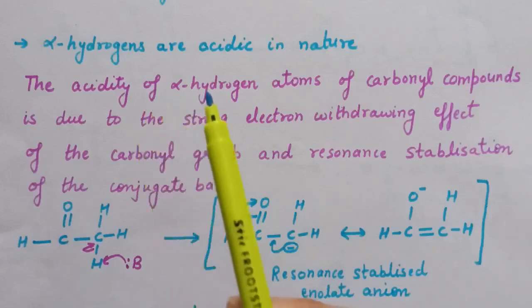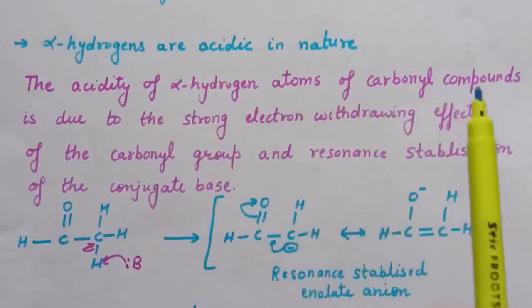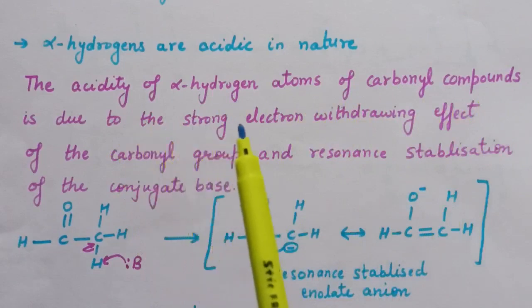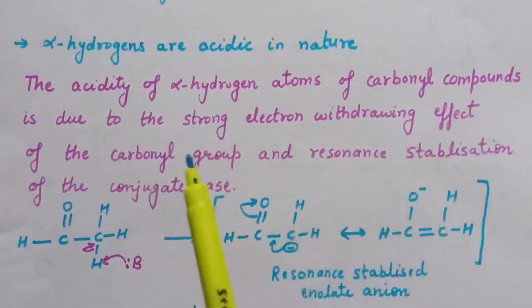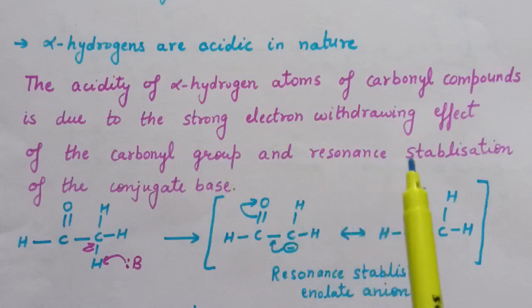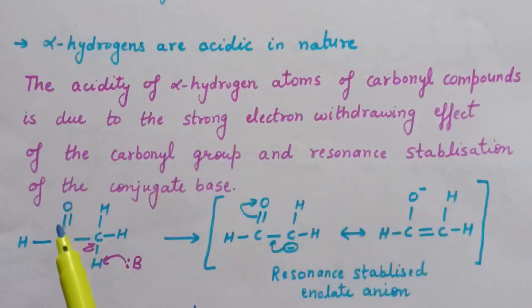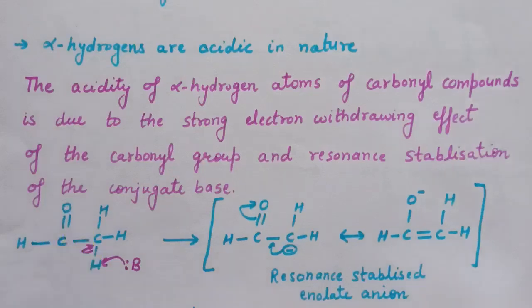and the acidity of alpha hydrogen atoms of carbonyl compounds is due to the strong electron withdrawing effect of the carbonyl group and resonance stabilization of the conjugate base. This carbonyl group has strong electron withdrawing effect. Due to this, it withdraws electron density from the adjacent carbon, that is, from the adjacent carbon-carbon bond.